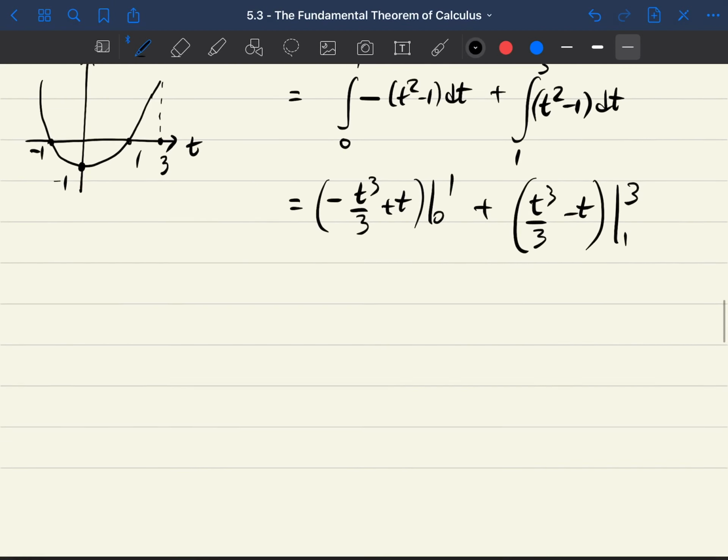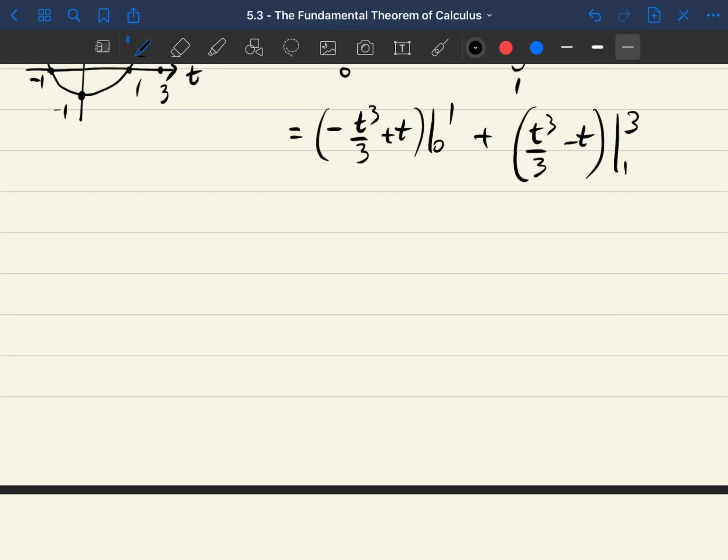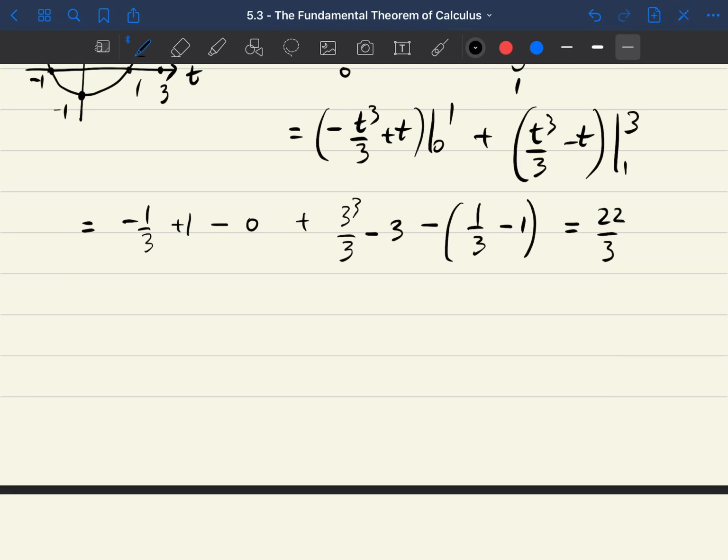If you now find these integrals, this is equal to minus 1 over 3 plus 1 minus 0 plus 3 cubed over 3 minus 3 minus (1 over 3 minus 1). And if you add these numbers, you'll find 22 over 3, and of course this is bigger than 6.